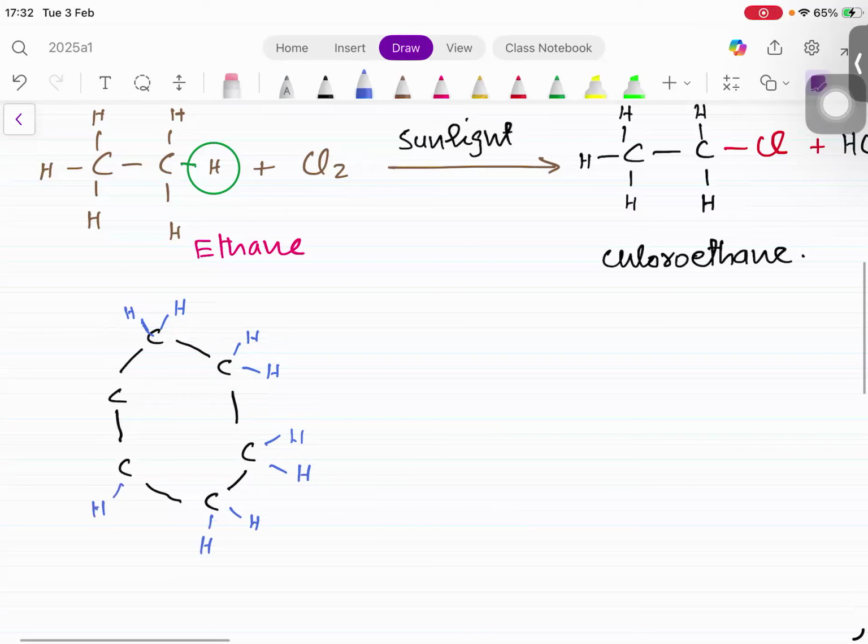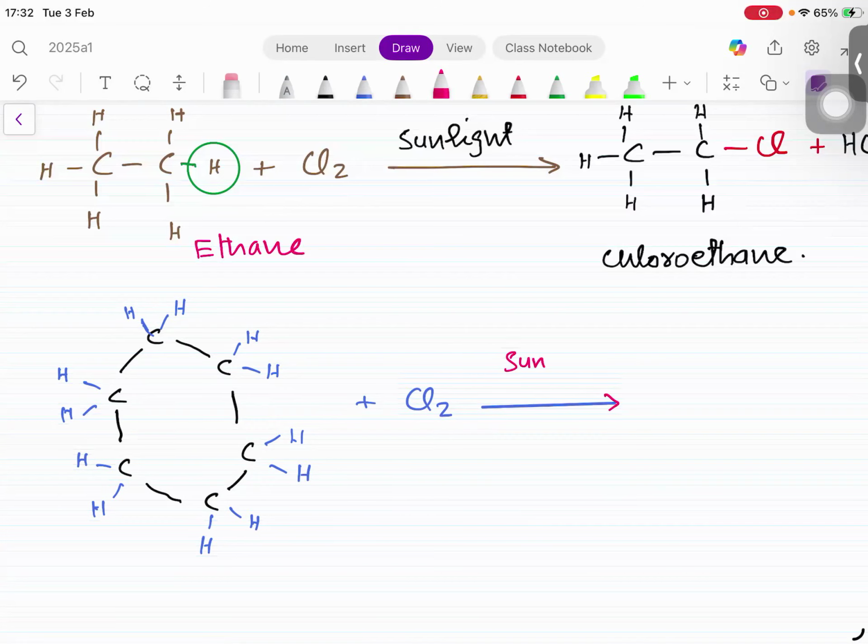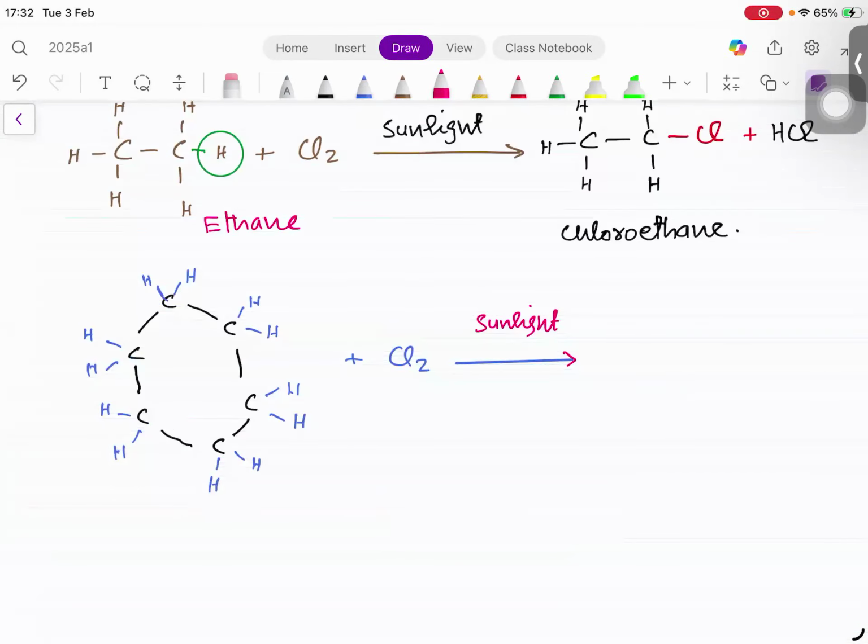So I would like you to tell me the product. Plus Cl2 in the presence of what? Sunlight. Okay, now please write the product. I can tell you the name of the reactant is cyclohexane. The name is irrelevant for you here.